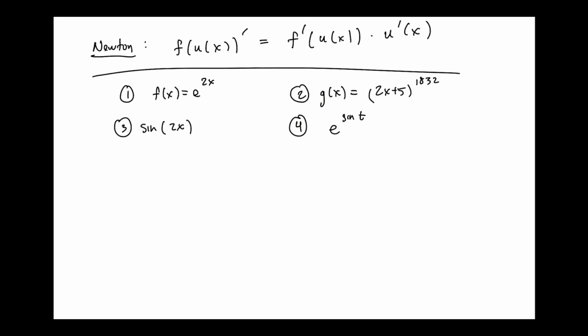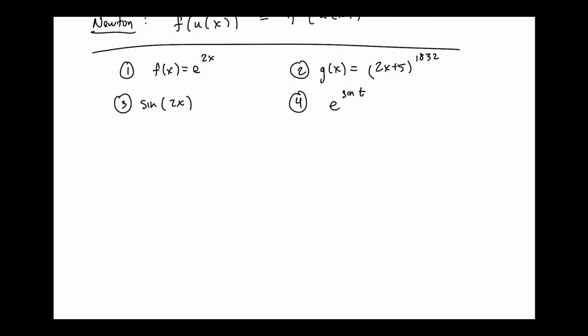All right, so let's just write out number 4, okay? If I go ahead and write it as f of u would be e to the u, and u of t would be sine t. Okay, do you guys agree of that sort of decomposition?